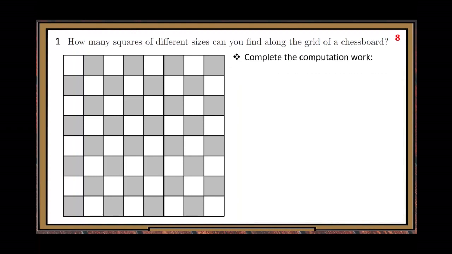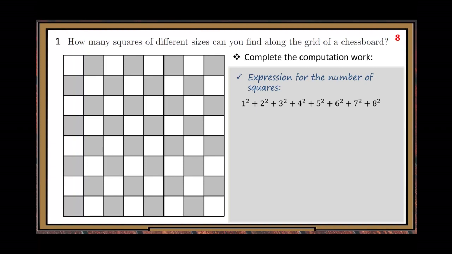Now, let's complete the computation work. We are ready to do the last step, the computation result: the expression for the number of squares, adding the subtotals for 8 different sizes. Each one has a subtotal.